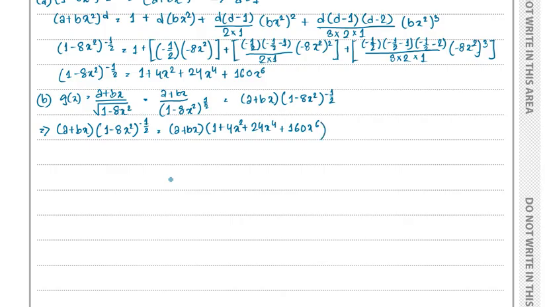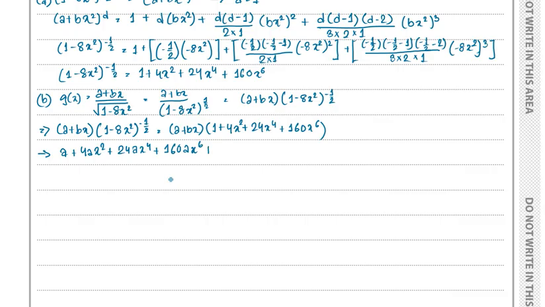If you expand this, then you will get a multiplied by 1 is a, plus 4x squared multiplied by a is 4ax squared, plus a multiplied by 24x to the power 4 is 24ax to the power 4. A multiplied by 160x to the power 6 is 160ax to the power 6.